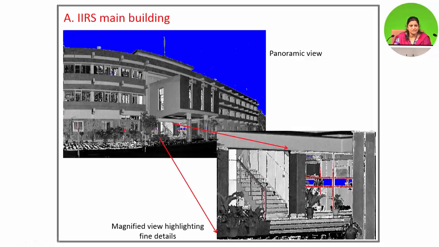Just to emphasize how detailed the information available in this point cloud is, I have magnified a small area, and you can see the inside stairs which were going up, as well as the window panels, what was written on the window panels, the flower pots, everything. All the details have been captured in this model.